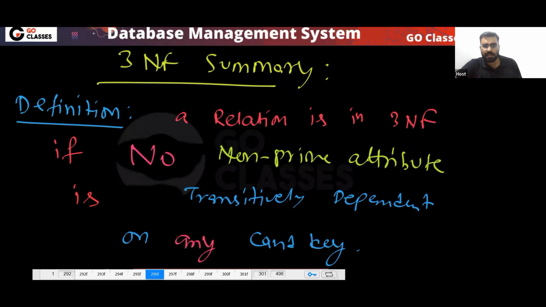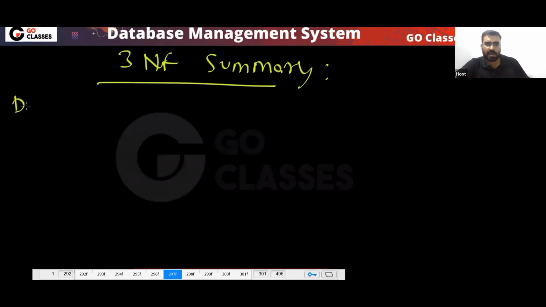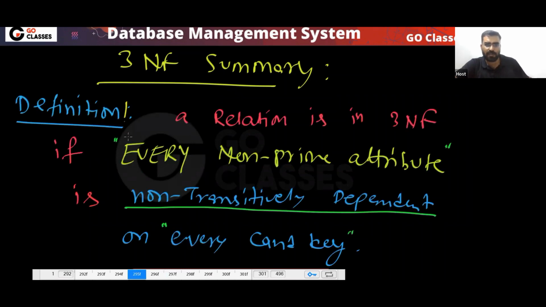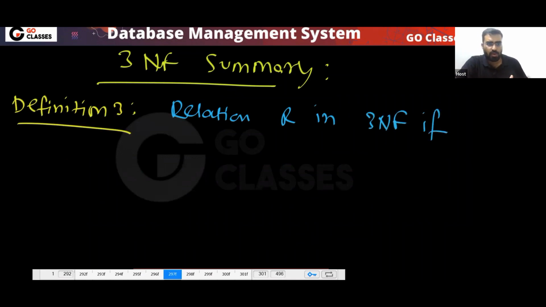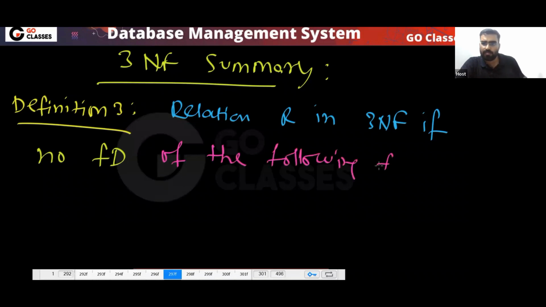What is the another definition? Definition number 3. So definition number 1, definition number 2, definition number 3. Relation R is in 3NF if no FD of the following form.